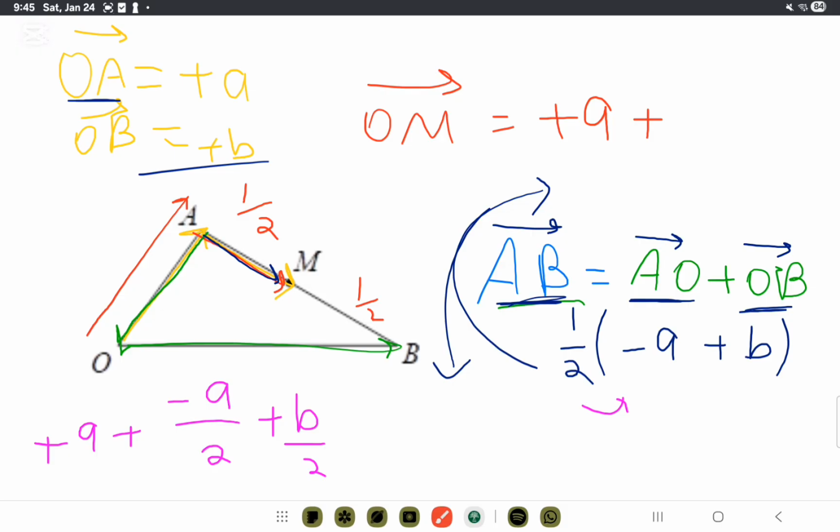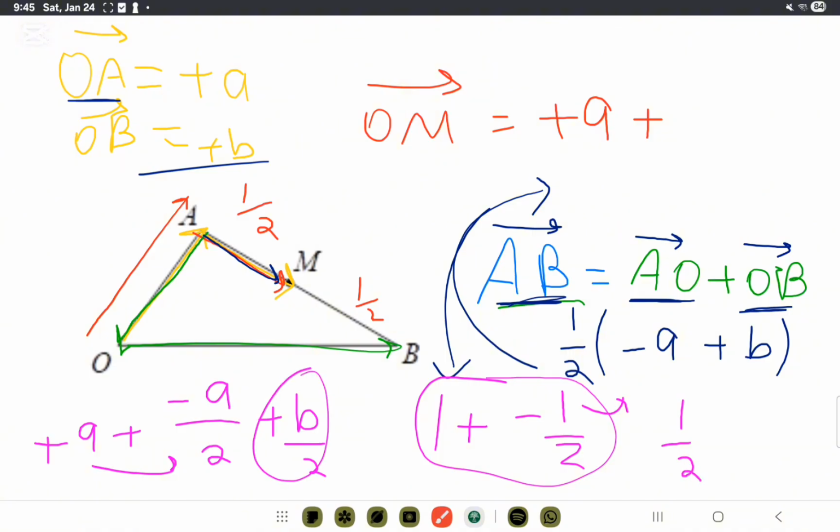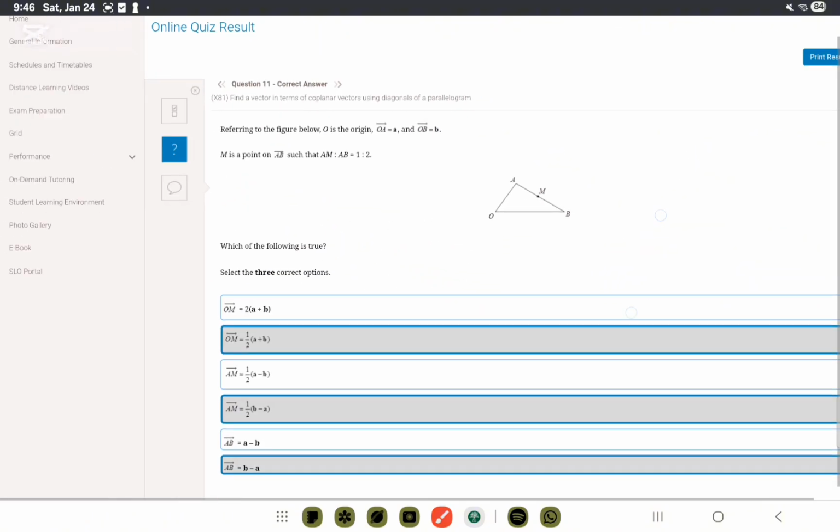So, 1 plus minus 1 over 2. We want to find the coefficient, so we just remove them. So it's going to be 1 plus minus 1 over 2. The answer is going to be positive 1 over 2. And then we just leave the B as it is. It's going to be A plus B over 2. In a different form, you can express this as 1 over 2 multiplied by A plus B. That's 1 over 2, A plus B.